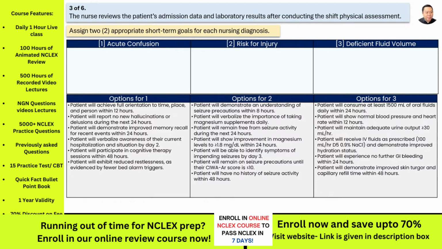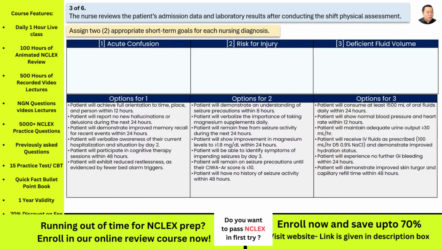Patient will participate in cognitive therapy sessions within 48 hours, and patient will exhibit reduced restlessness as evidenced by fewer bed alarm triggers. So what do you think would be the 2 appropriate short-term goals for this diagnosis?